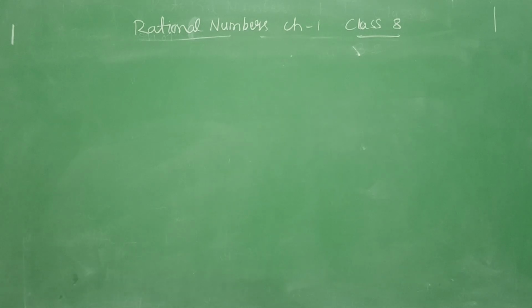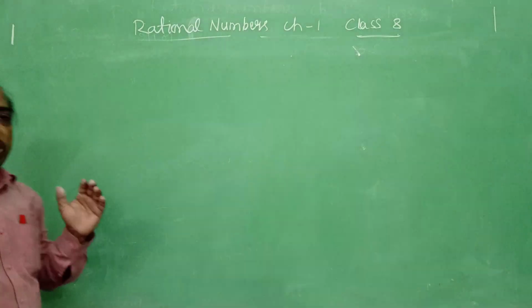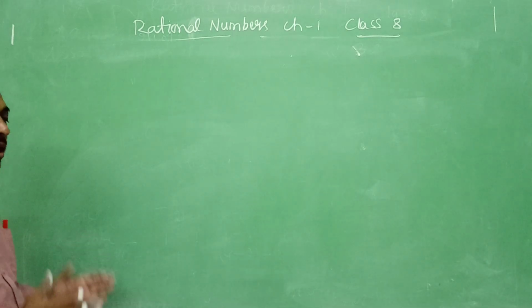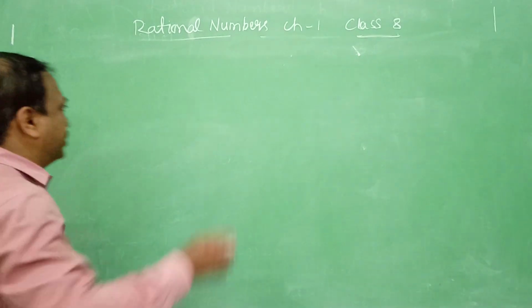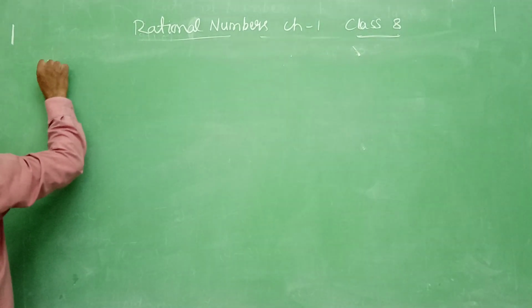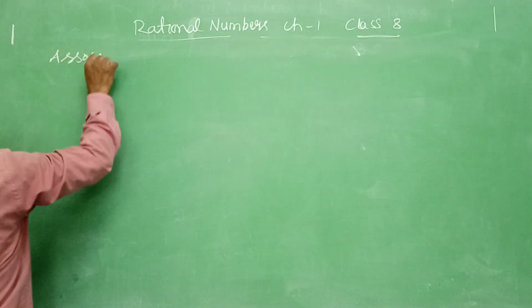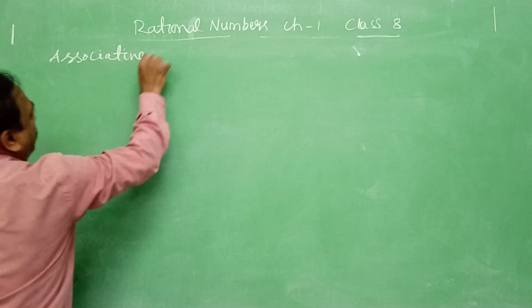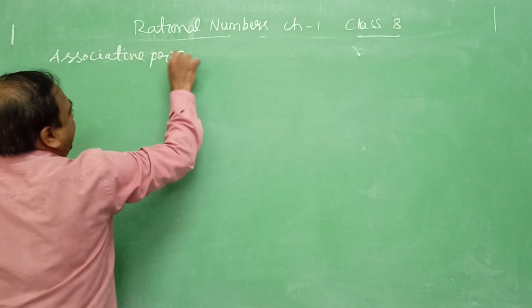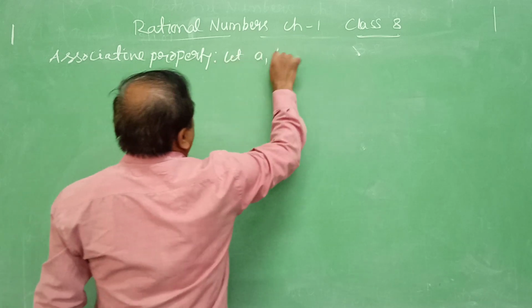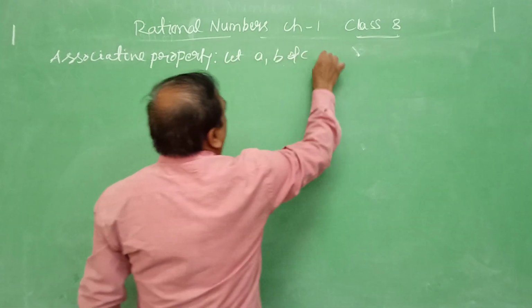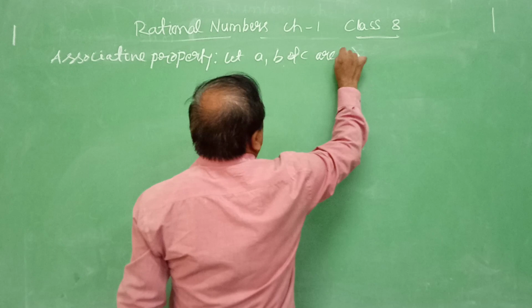So the associative property for the rational numbers is satisfied for multiplication and addition, but not for division and subtraction. What is the associative property? Let A, B and C be three rationals.